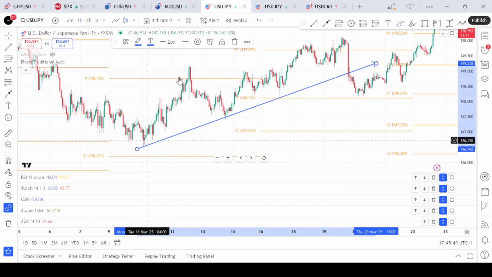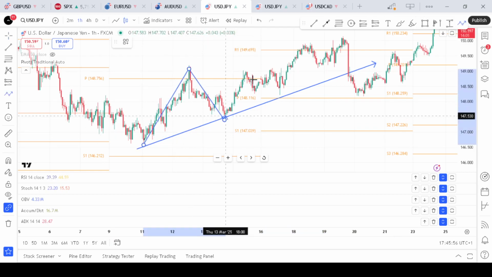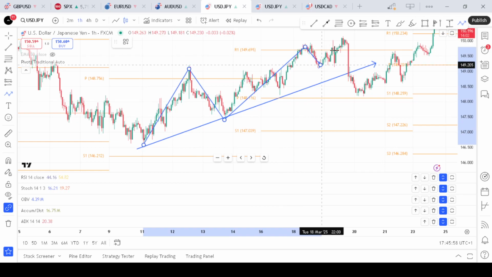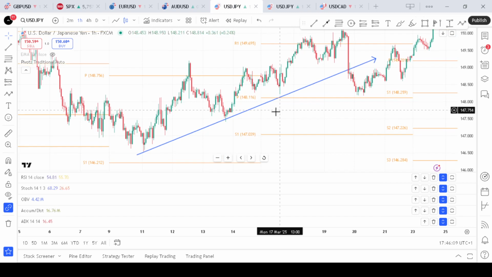And as we can see, price is making a series of higher highs and higher lows, a higher high, a higher low, a higher high, showing that we are in an uptrend. So this is how we capitalize on using price action.